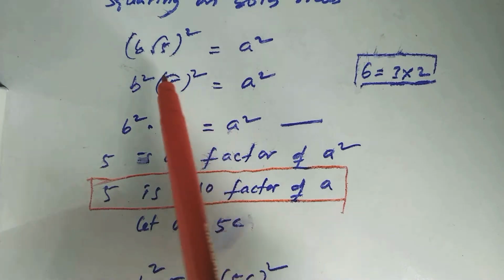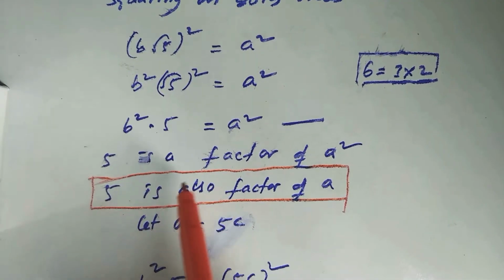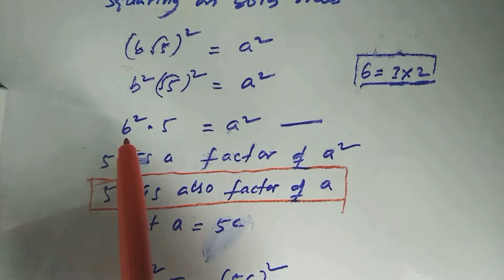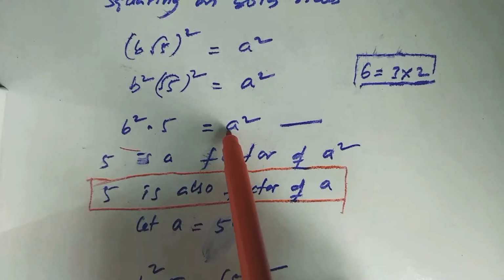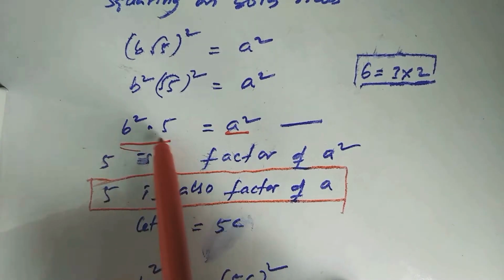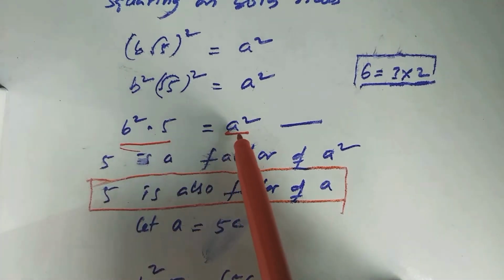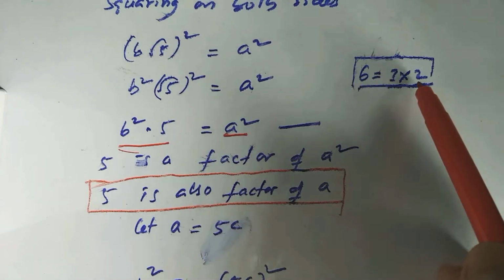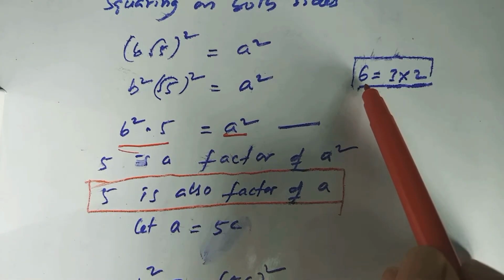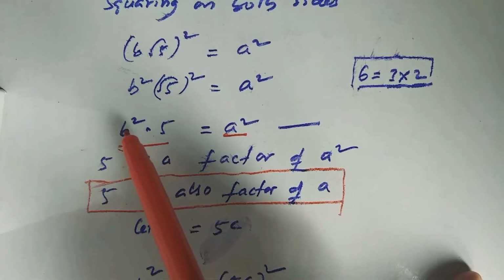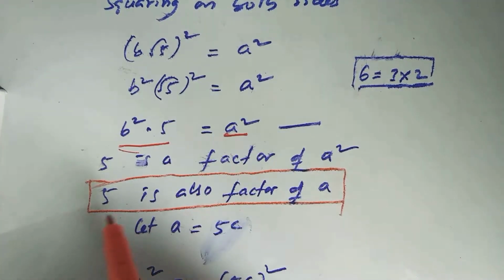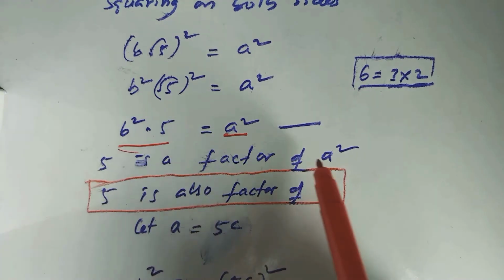In this step you need to observe that the product of two terms means these two terms are factors of a square. Like 6, we can write 3 times 2, so 3 and 2 are factors of 6. Similarly here, b square is a factor of a square, 5 also is a factor of a square. I am writing, 5 is a factor of a square.